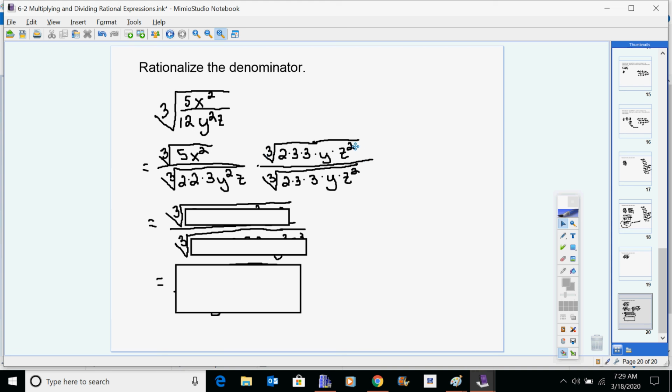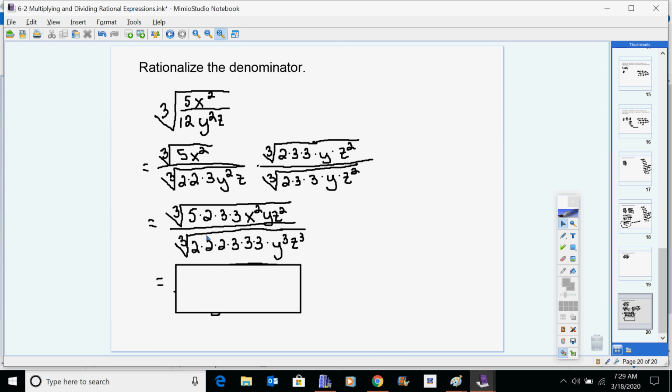And remember, you're always multiplying the numerator and denominator by the same thing. Then you scoop them all under the same radical. And in the denominator, you bring all those things you just put in.